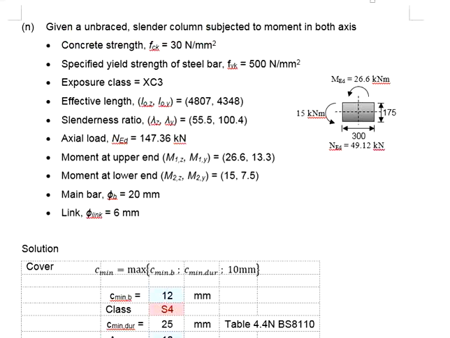The purpose is to demonstrate the calculation steps for the design of column subjected to moment in both axes under different circumstances. We're going to deal with the same column having the same specifications and details, just that the type of column differs.